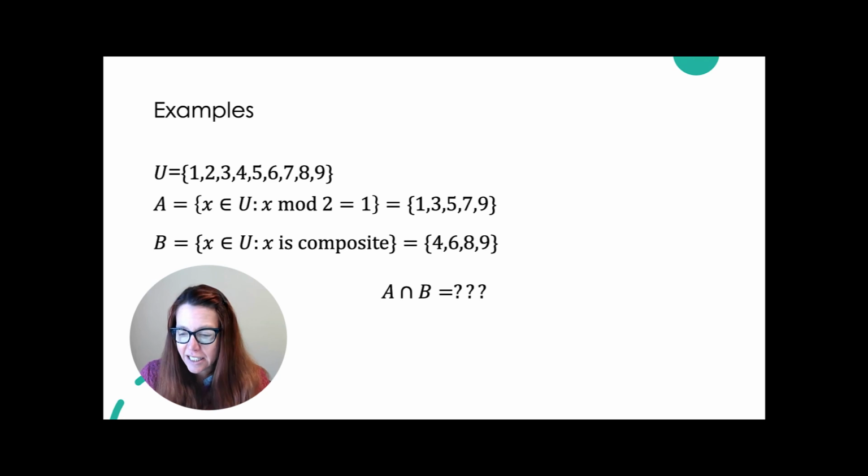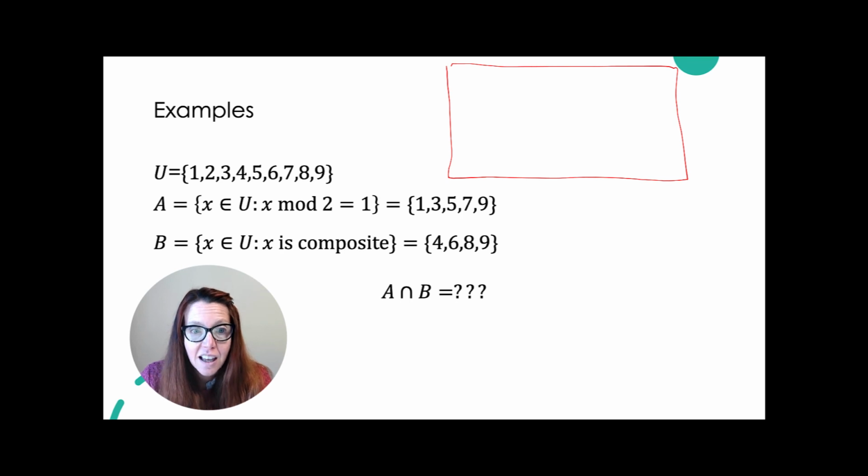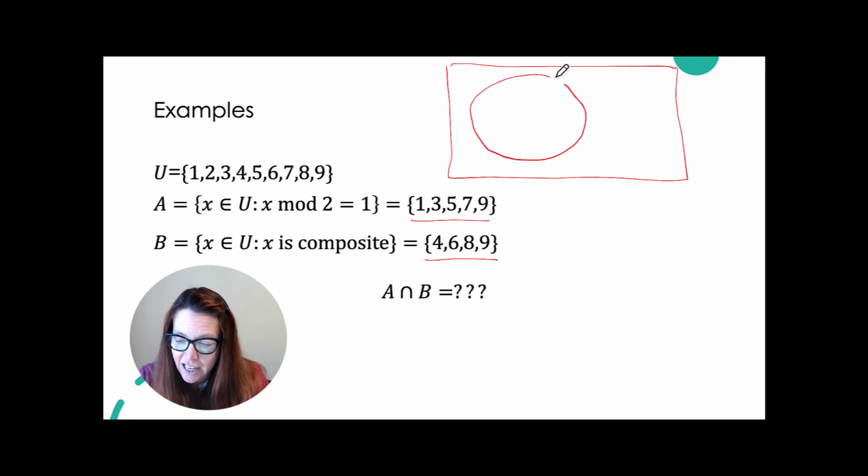Okay, so let's look at an example of this. We again have our same universe that we started with, 1 through 9, and we have defined our set A to be all those odd numbers, x mod 2 equals 1: 1, 3, 5, 7, and 9. And we've got, again, the same B: 4, 6, 8, and 9. We remember that Venn diagram looked a bit like this, and we remember 9 was in the middle.